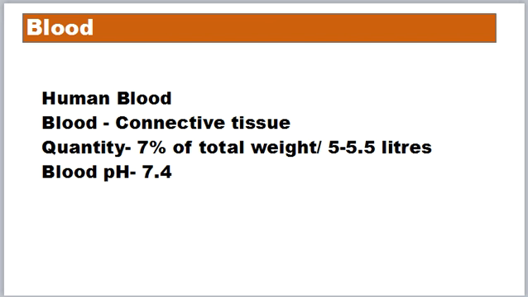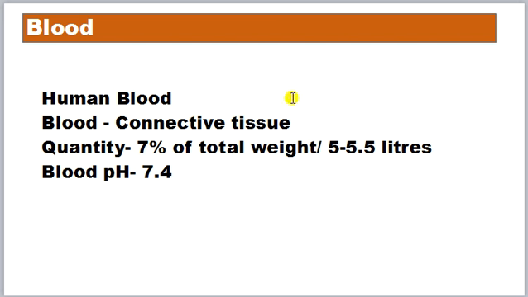Now if we talk about the quantity of blood, it is 7% of the total body weight. Whatever the weight of a human being, 7% of it should be blood. In liters, 5 to 5.5 liters of blood is present in an adult human being. Blood pH is quite basic, around 7.4.